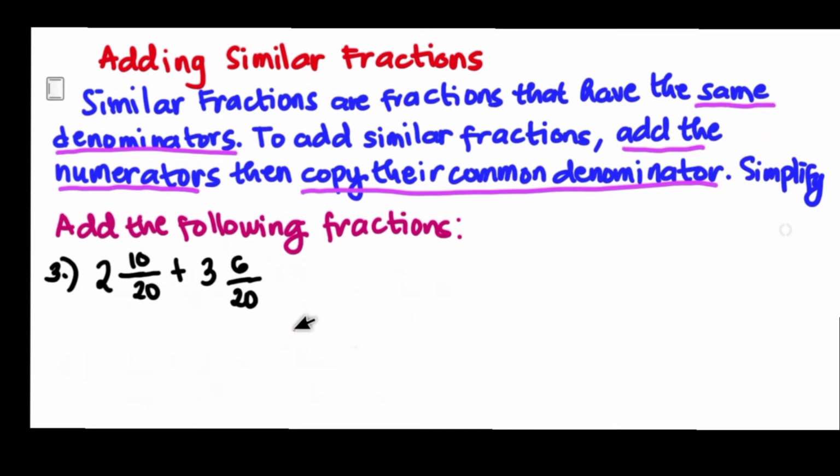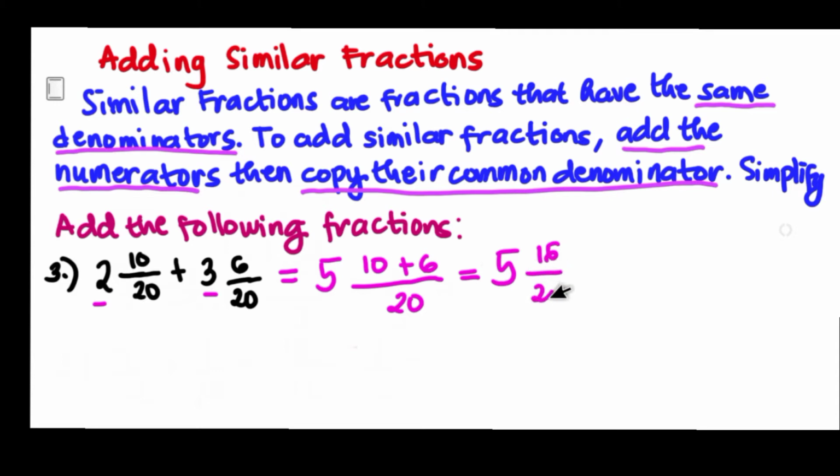Number 3, let's try mixed numbers. 2 and 10 over 20 plus 3 and 6 over 20. What we are going to do is, add muna natin yung whole number, yung 2 at saka 3. So, 2 plus 3 is 5. And then, yung numerators, 10 plus 6. And then copy the common denominator, that is 20. So, 5, and then 10 plus 6 is 16 over 20.